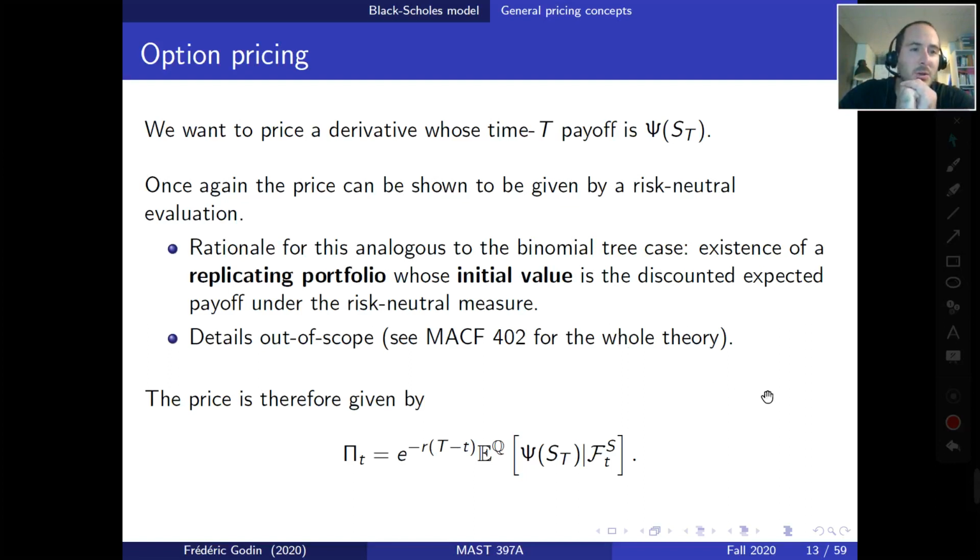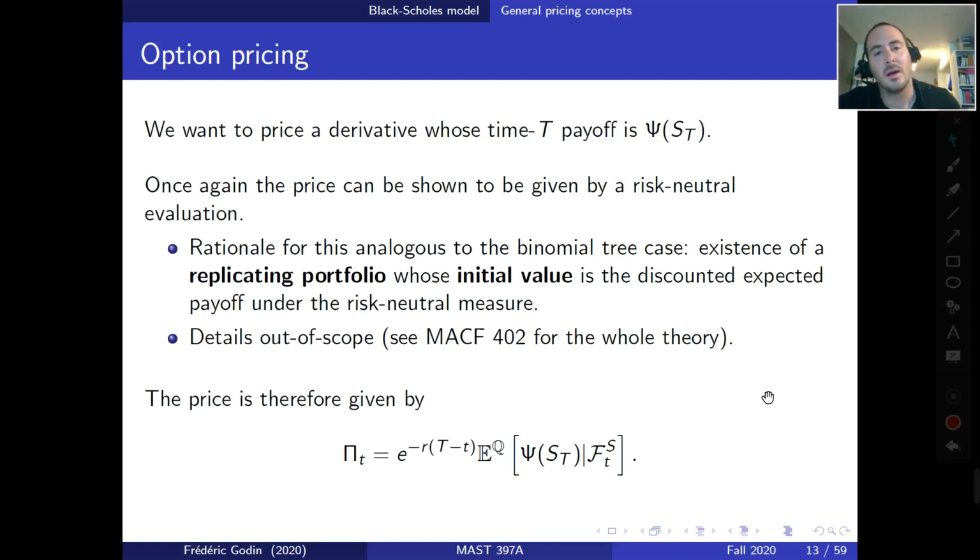Okay, so now we've outlined the dynamics of the assets on the market. What we're going to do next is we're going to price, or try to price, financial derivatives which have the risky asset as an underlying asset.